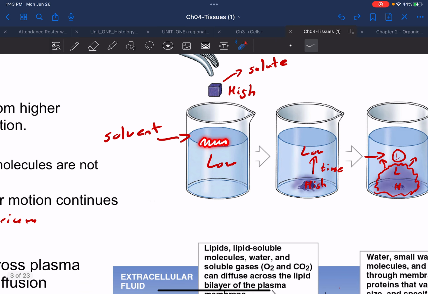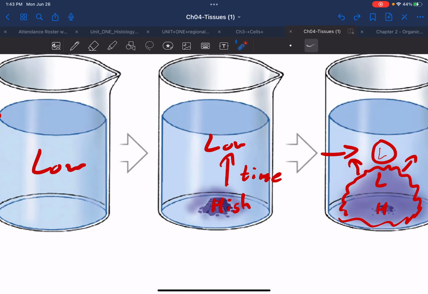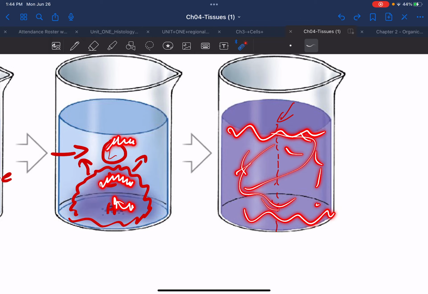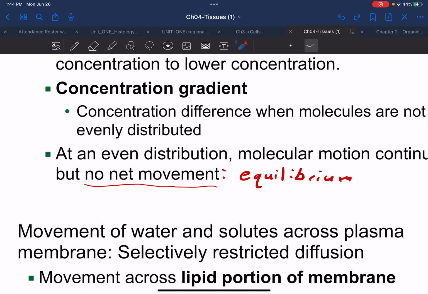Because here, let's use this picture. Here, different from here. Different down here, different up here. Here, still different down here, getting there, but still different up here. Here, all the same. So the molecules are just evenly moving equally, and that's referred to as no net movement. It does not mean no movement.